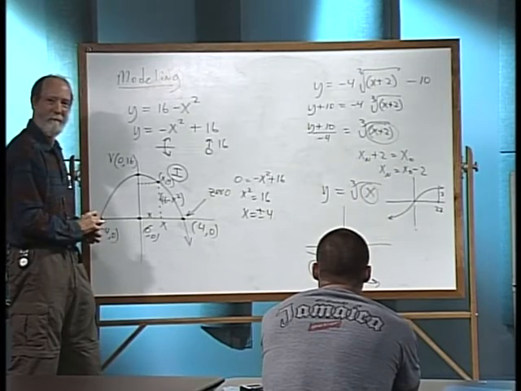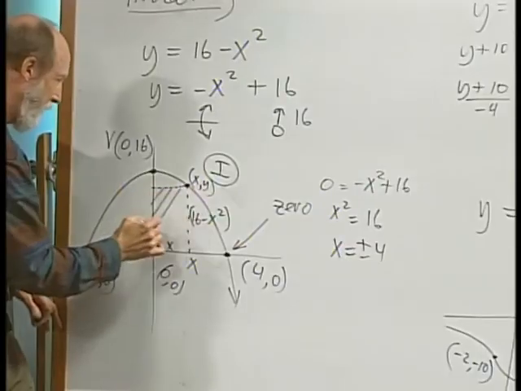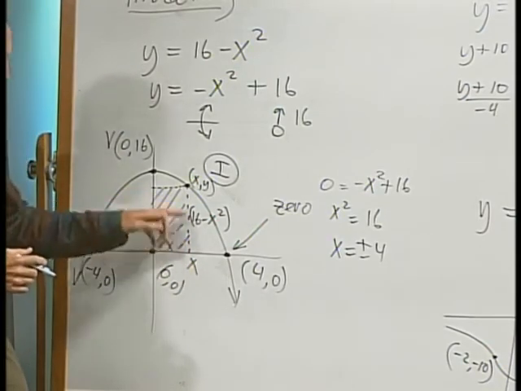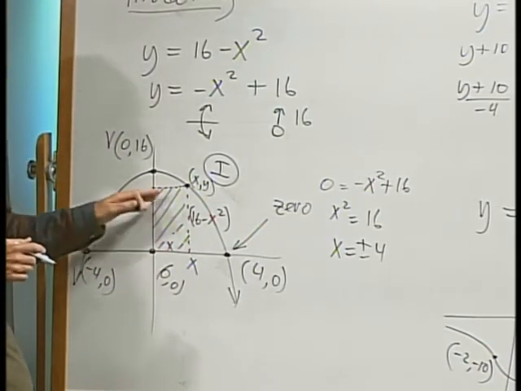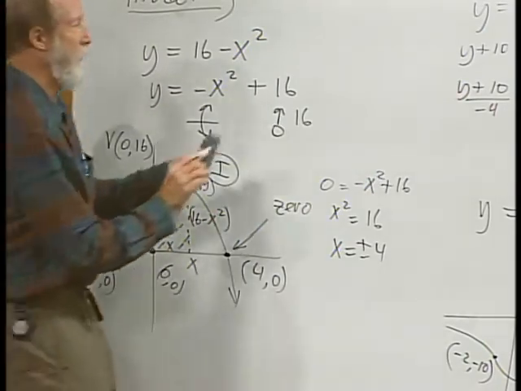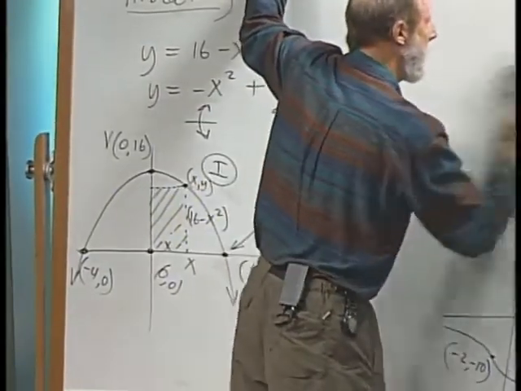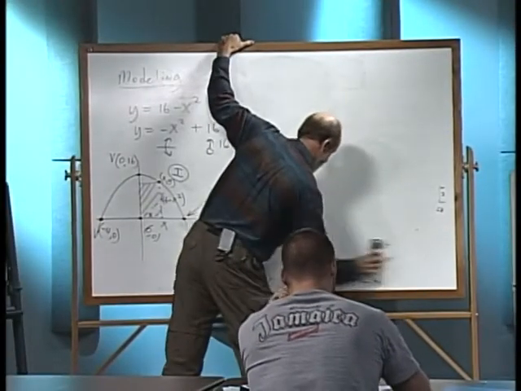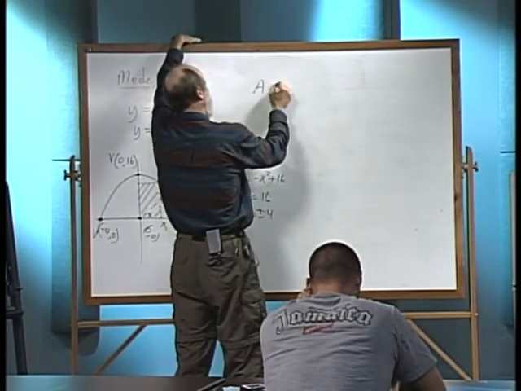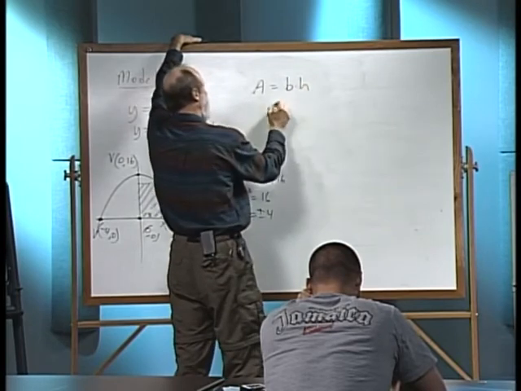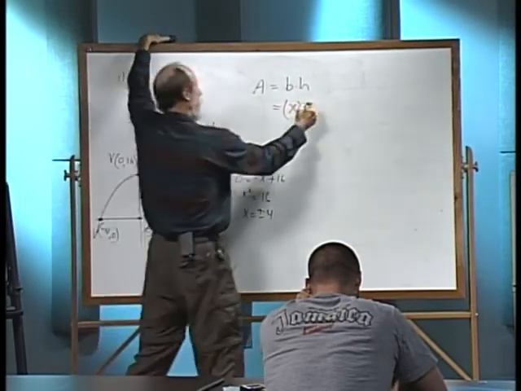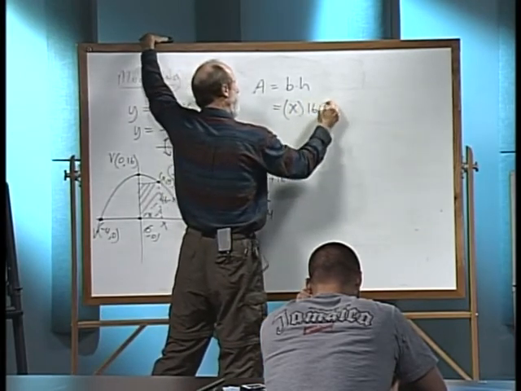Feel good? So let's see if we can write an equation now, a model that describes the area of that rectangle. You know from your pre-algebra background that a rectangle has area base times height. The area equals base times height, and the base happens to be x, and the height happens to be 16 minus x squared.